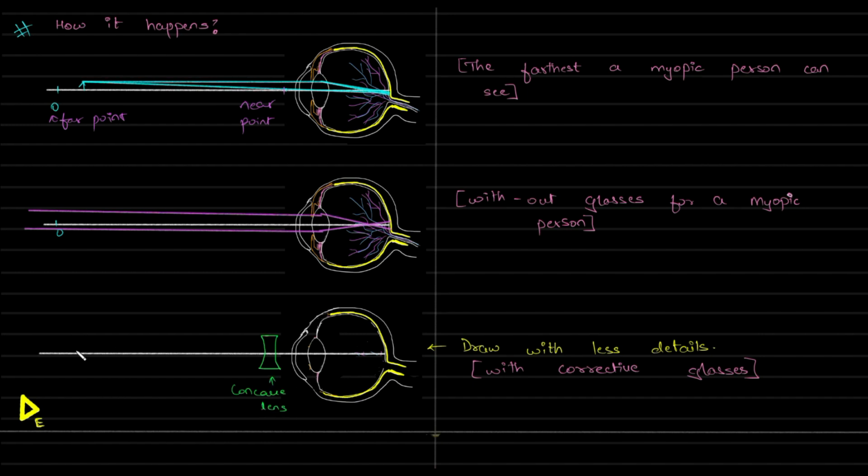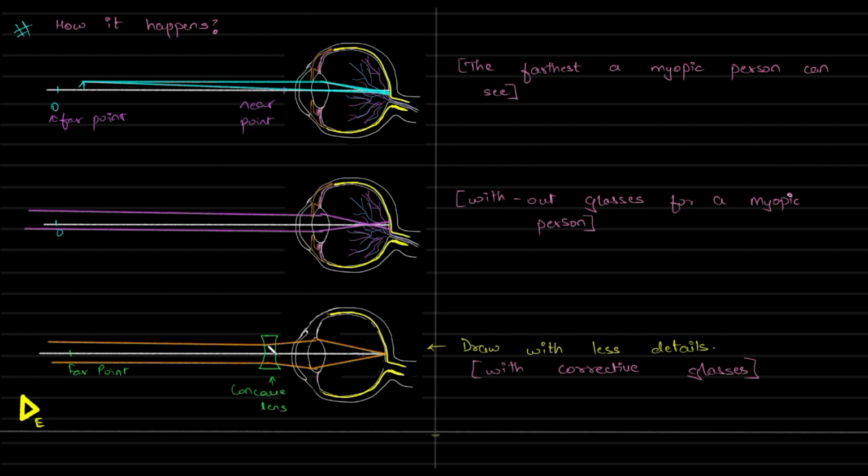So what will happen? This is the far point, and I have light coming from behind this. So in general, what does this lens do? It will diverge. The diverging will happen, and this lens will converge onto the retina. So how does this divergence help?